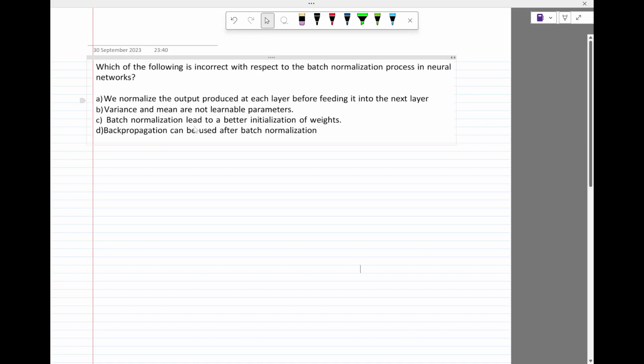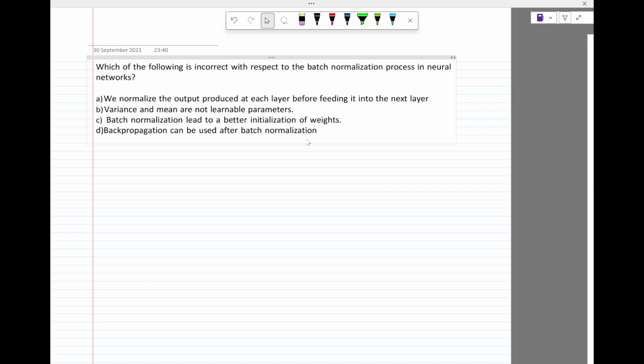Batch normalization leads to a better initialization of weights. Backpropagation can be used after batch normalization. So we have to say which is the incorrect option.